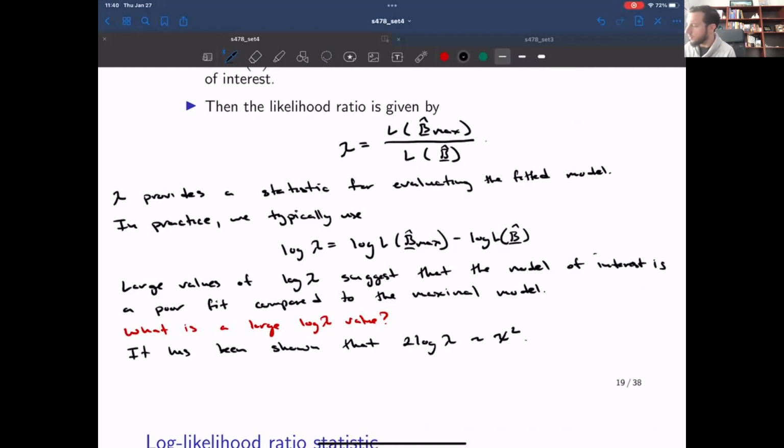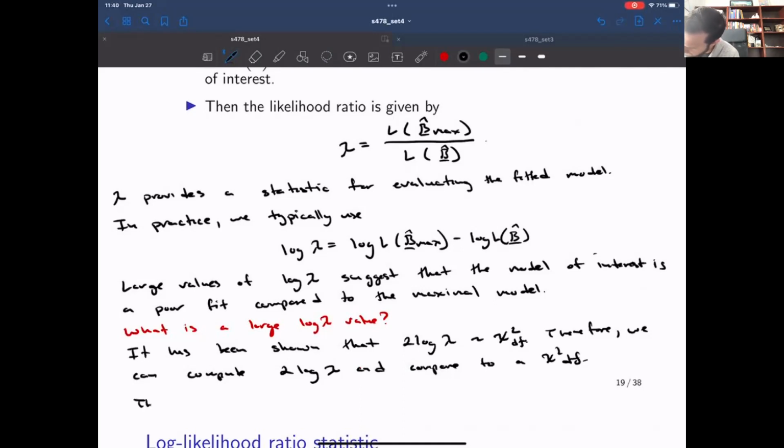Therefore, we can compute 2 log lambda and compare to a chi-square on df. The value 2 log lambda is called the deviance.